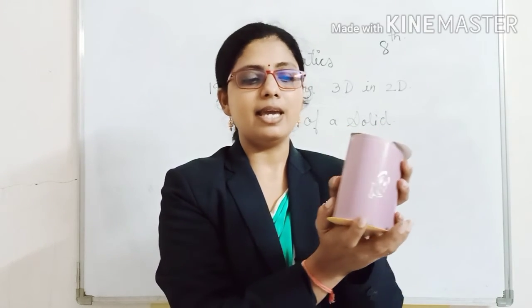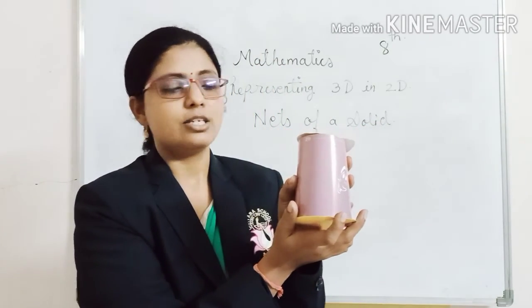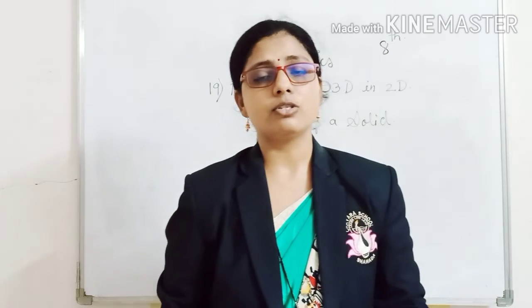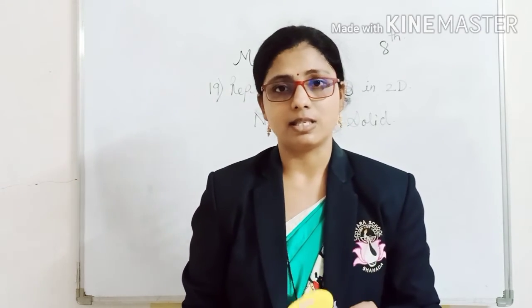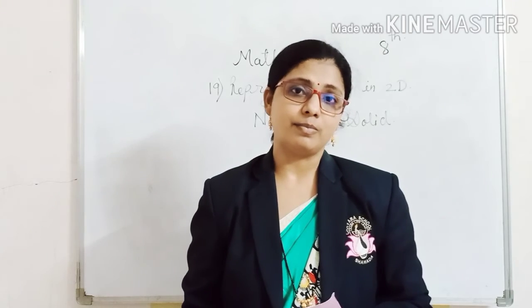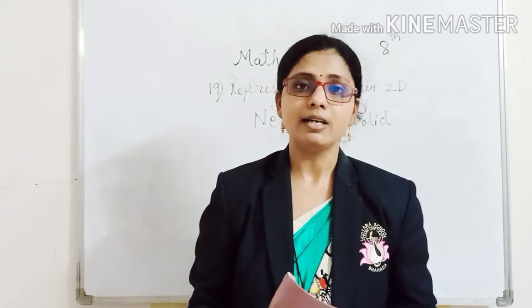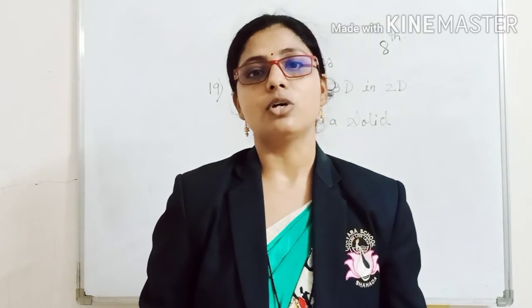It is forming a cylinder. In this way we can prepare the nets of different figures. You can also try at your house by making such nets and making boxes or any type of figure like cylinder, prism, cuboid, cube. All these figures you can make. So this is about the nets of solids.